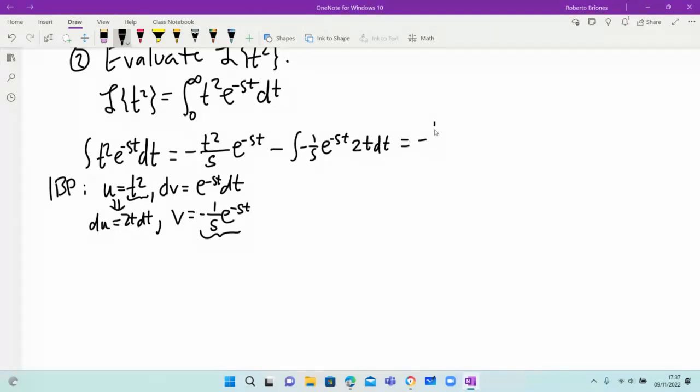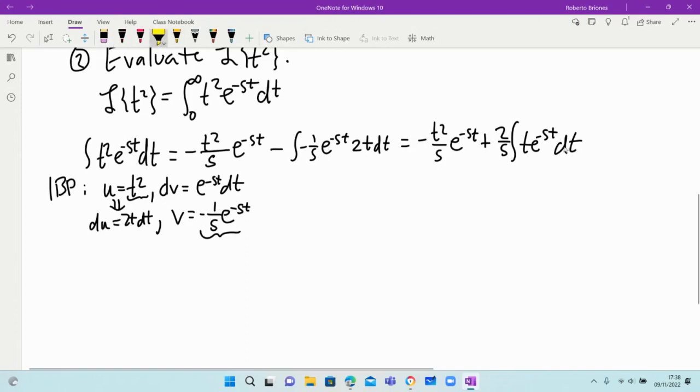This in turn is equal to negative t squared over s e to the negative st, plus 2 over s times the integral of t times e to the negative st dt.